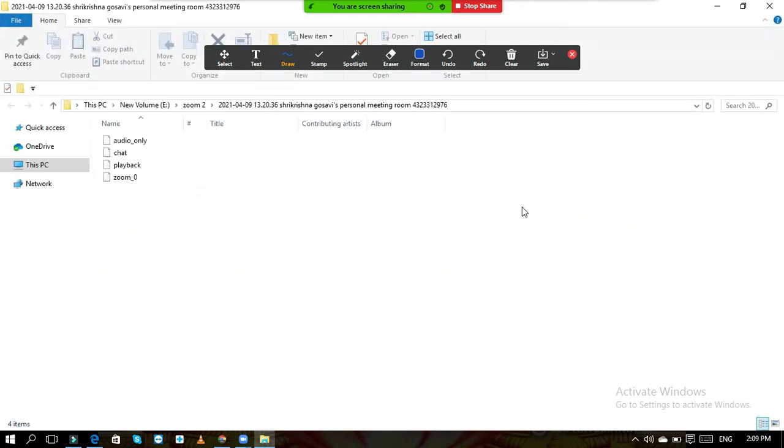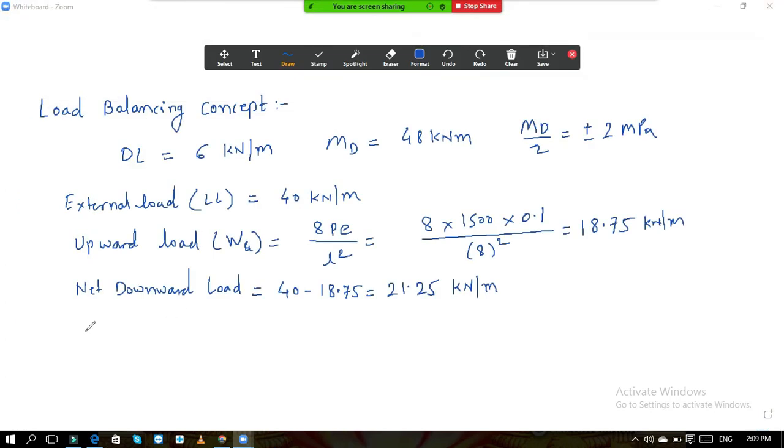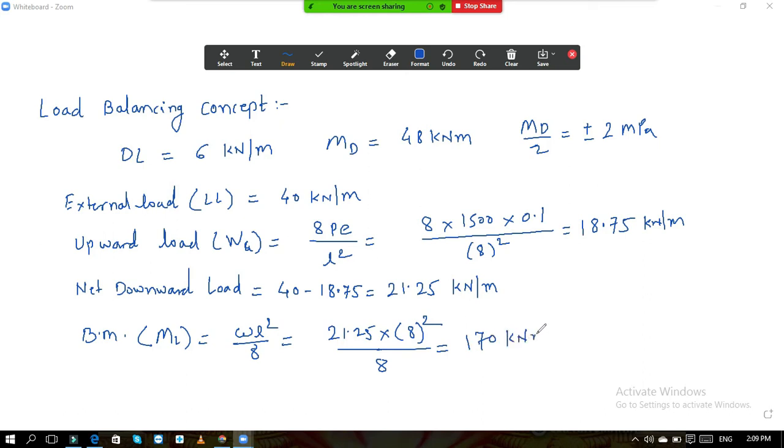Then the bending moment, that is ML, which is equal to WL square by 8, which is 21.25 into L square, L is 8, square, divided by 8, which is equal to 170 kilonewton meter. Please calculate the value. Check the calculation.